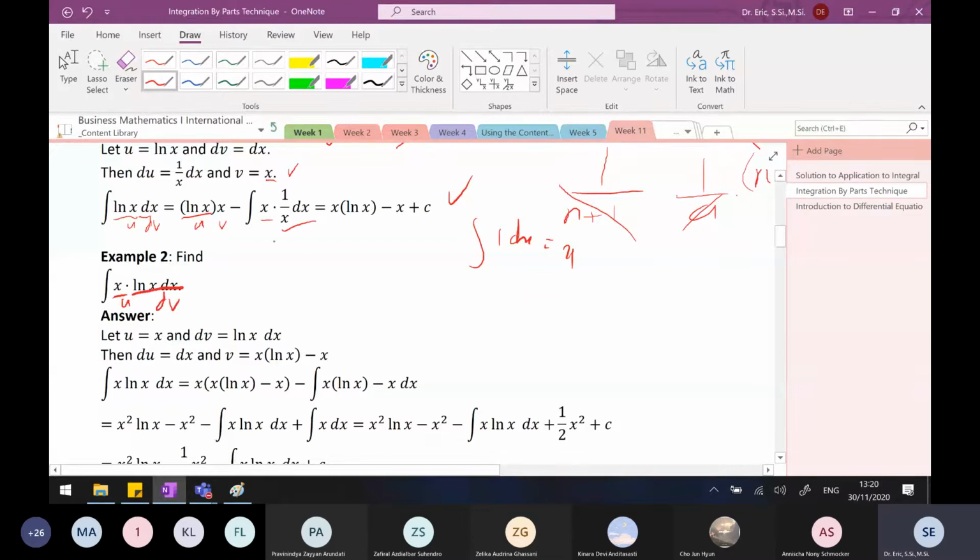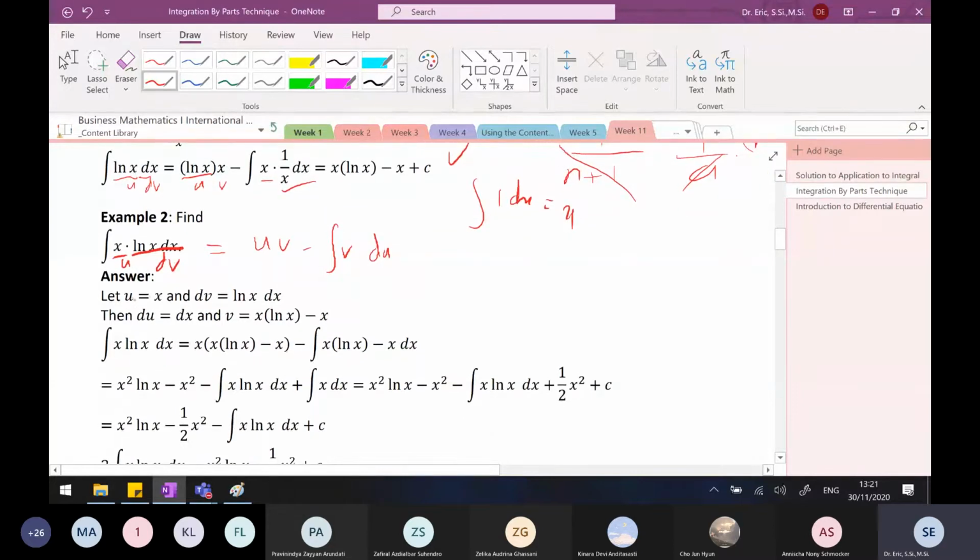And don't forget, if you are using the formula, we will give you marks in the exam: uv minus integral v du. So you have u, you have dv, you have to find du, and you have to find v. So u equals x and dv equals ln x dx.